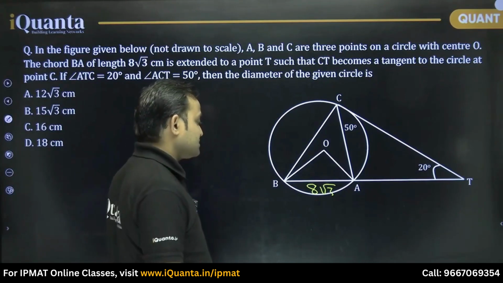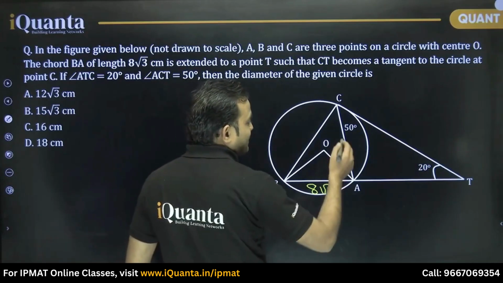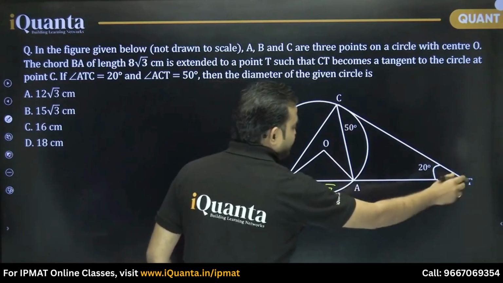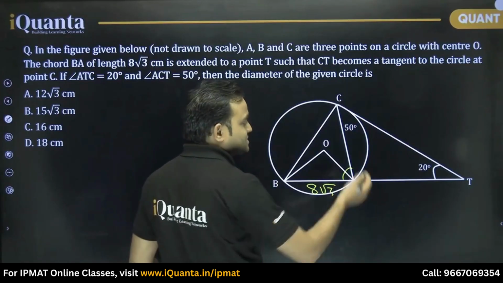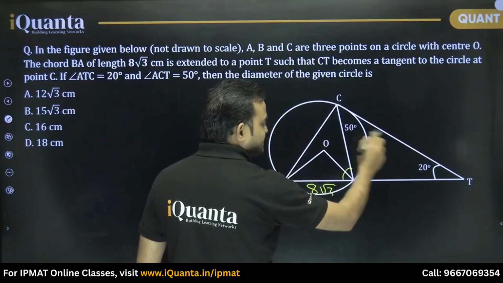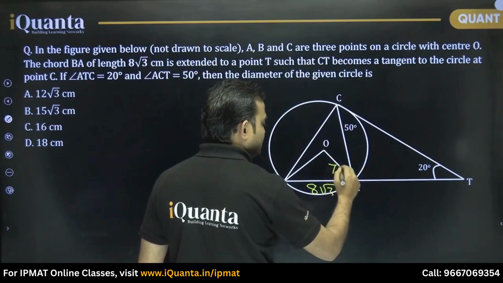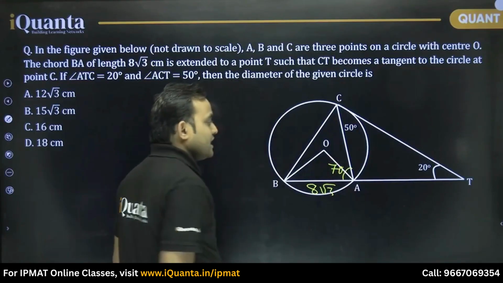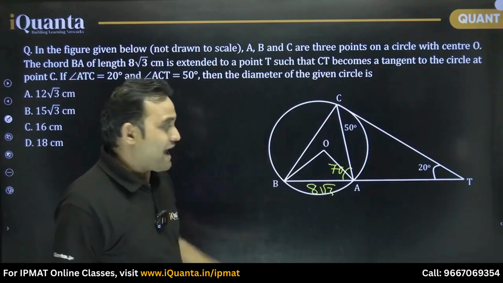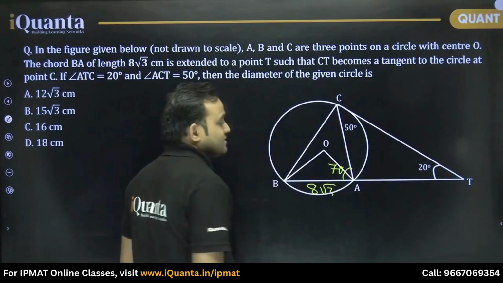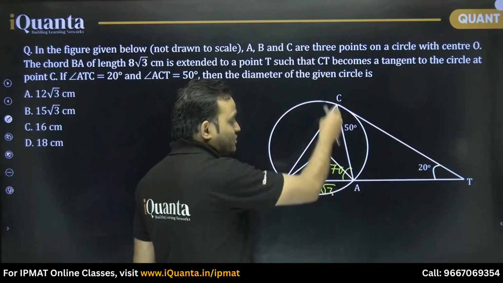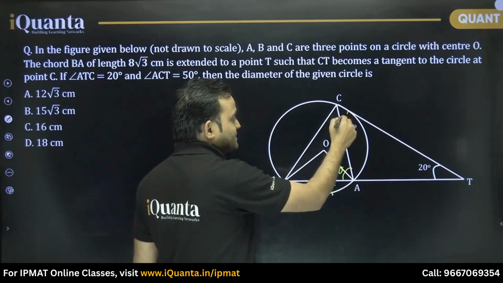How do we solve this? Can I say, in triangle ACT, this angle will be exterior angle, which is sum of two opposite interior angles. Can we say this angle will be 70 degree? If this angle is 70 degree and TC is the tangent, so angle made by the chord AC is 50 degree. This angle is 50 degree.